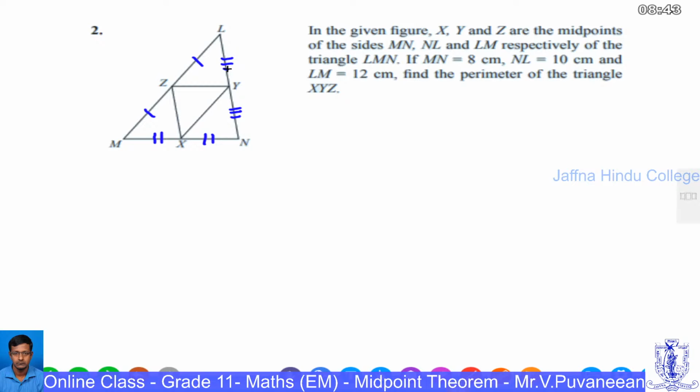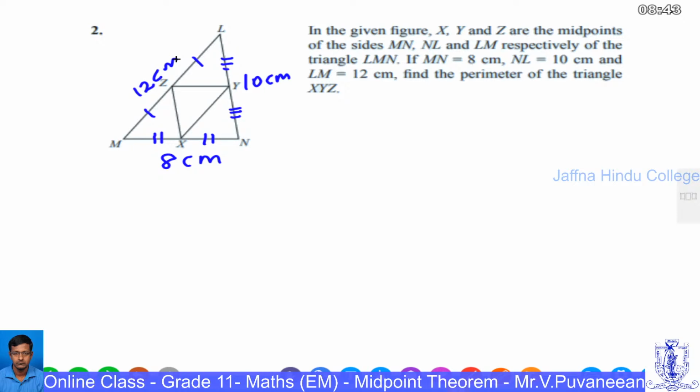If MN equals 8 centimeters, NL equals 10 centimeters, and LM is also given, that is 12 centimeters. So the lengths of 3 sides are given. You have been asked to find the perimeter of the triangle XYZ.